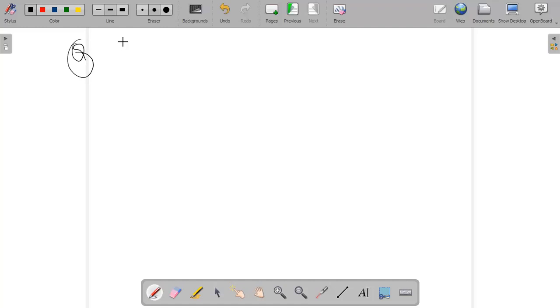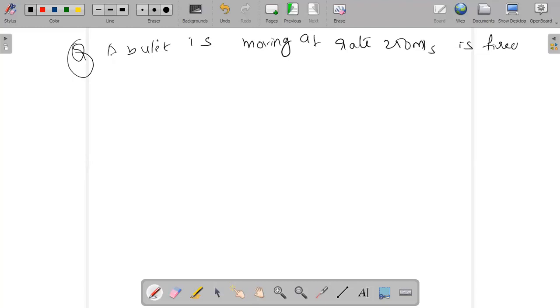The question is given as: a bullet moving at a rate of 250 meters per second is fired into a log of wood.